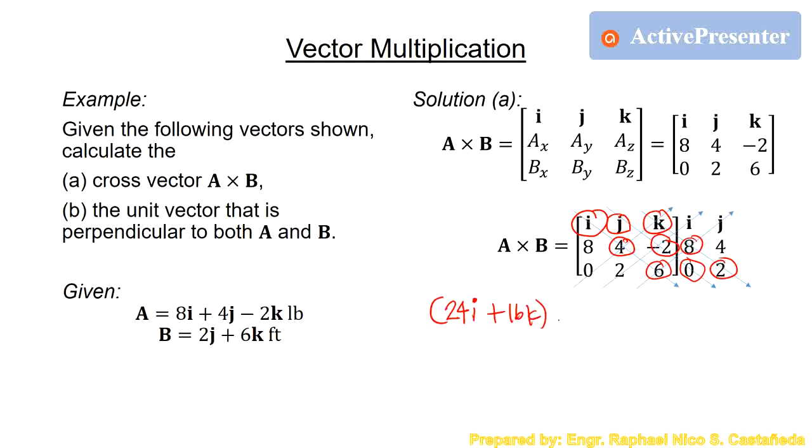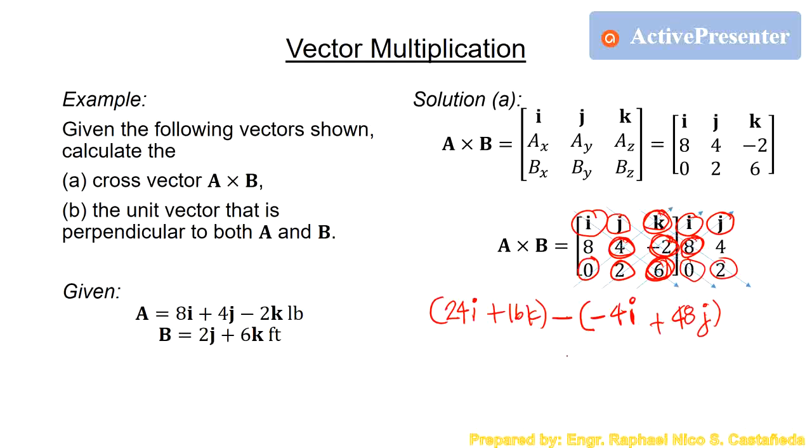For upward, you just subtract. Then upward is 0, 4, and k, that is 0. Then 2, -2, and i, that is -4i. Then we have 6, 8, and j, so that is, I believe, 48j. So that's how you perform it.